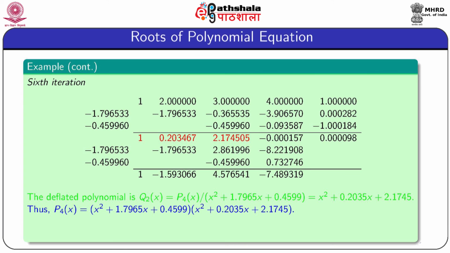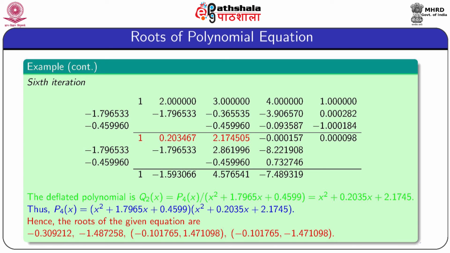Therefore, the given polynomial p4(x) has the quadratic factor x square plus 1.7965 into x plus 0.4599, extracted from the Bairstow method, and the last factor is the deflated polynomial q2(x), which is x square plus 0.2035 into x plus 2.1745.